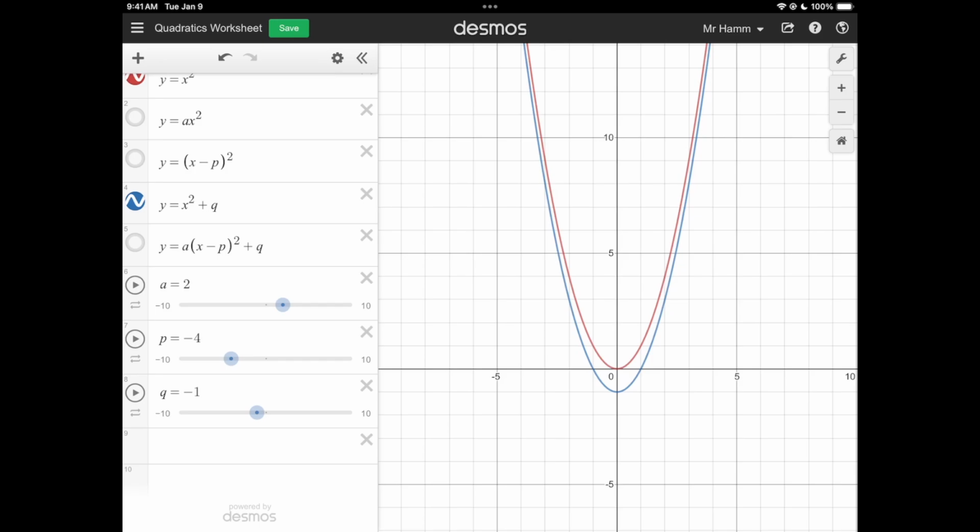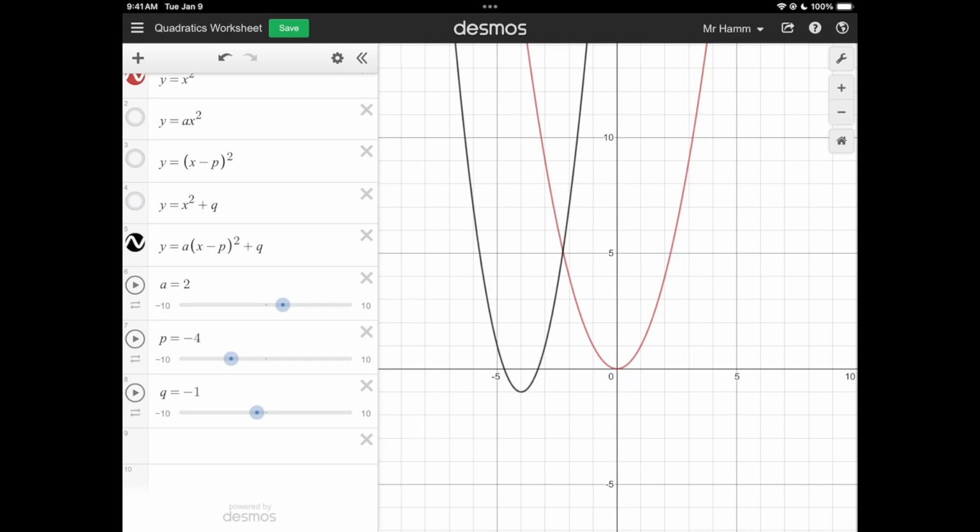If we look at this parabola, we're asked where the vertex is. So the nice thing about Desmos, if you tap on the parabola, it'll actually bring up some specific points, and we can see the vertex is this one down here. So our vertex is at -4, -1.